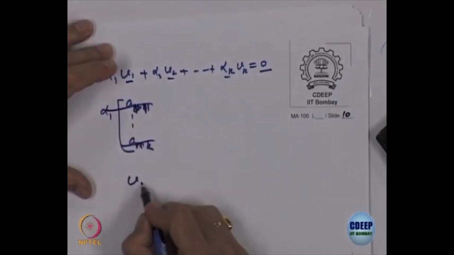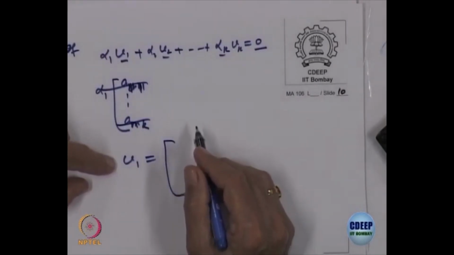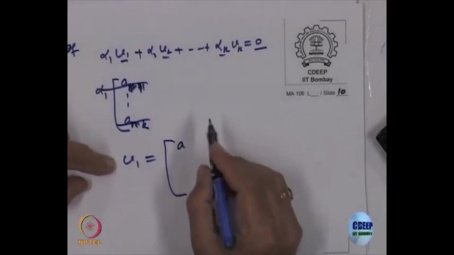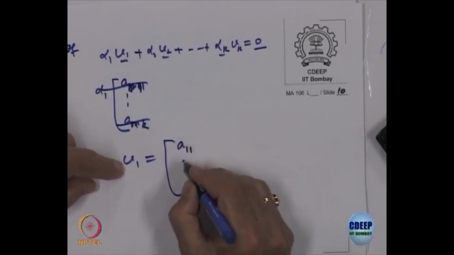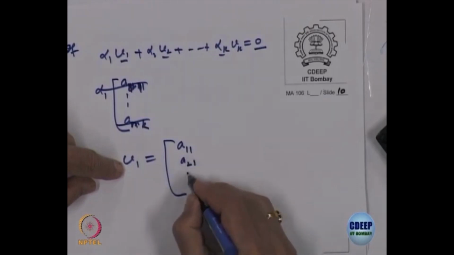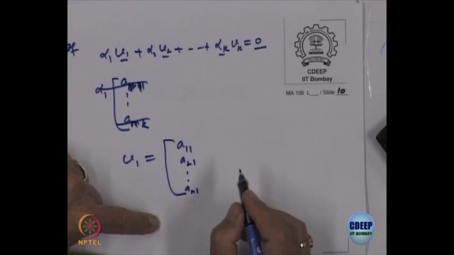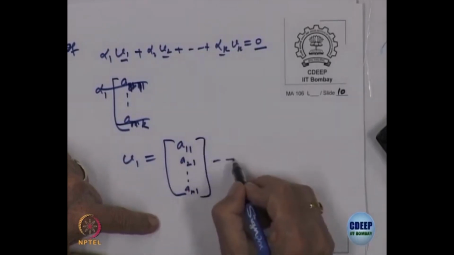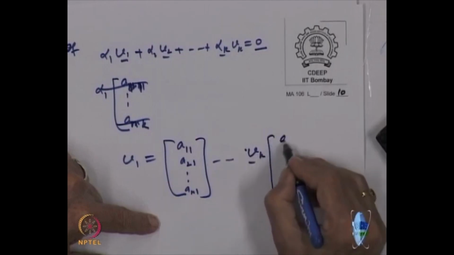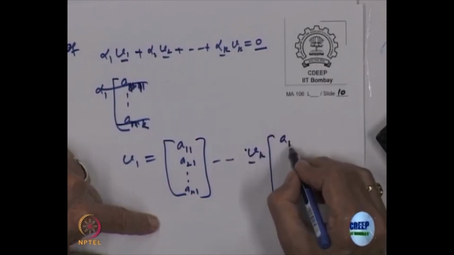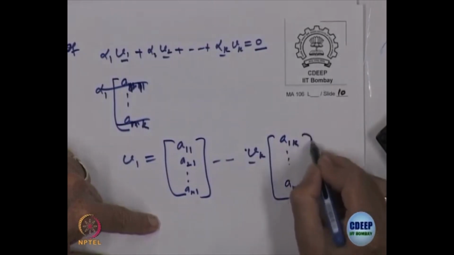Okay, let us write what V 1 is. The first component of V 1, we want to write as the first row, A 1 1, second row, A 2 1, and we have got n, so A n 1. And V k will be A 1 k down to A n k.